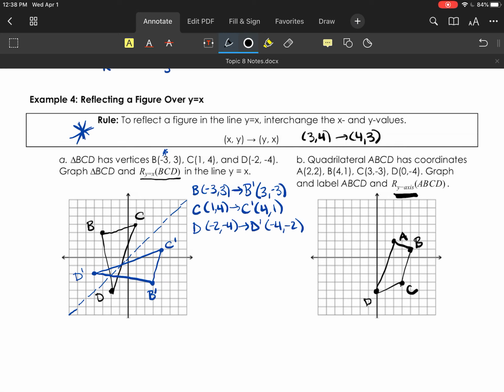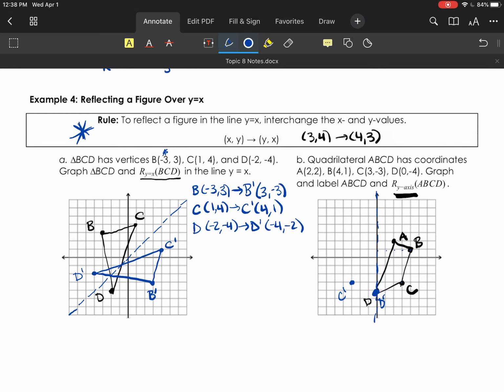All right, then what I'm going to do is reflect it over the y-axis. So I'm going to draw a dotted line along the y-axis so you can see what we're reflecting over. And then I'm going to count it out just like normal. D is already on the line, so that means my image of D is also on the line. C is 1, 2, 3 away, so I'm going to count 3 to the left and label that C prime.